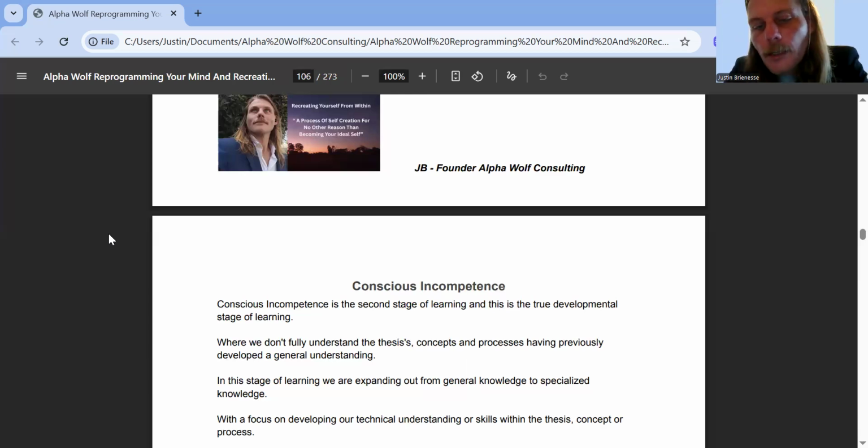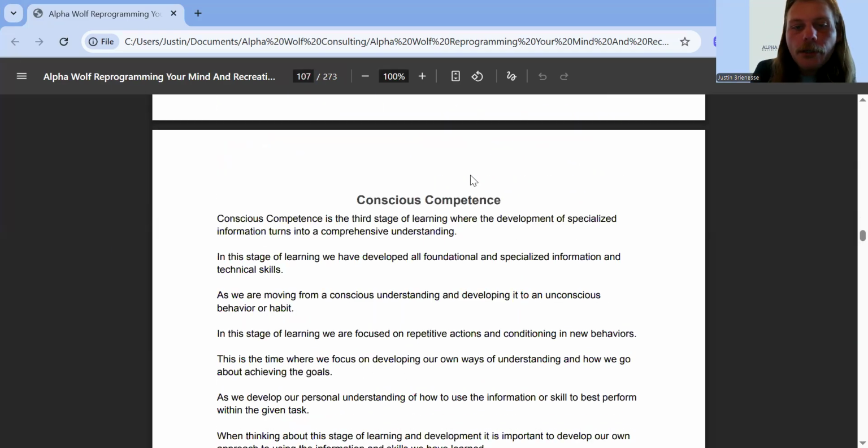Conscious incompetency: I now have a compass. I have a basic understanding of north, west, south, east. I have a general idea of where I am and a rough understanding of how I'm going to get there. And then the next stage is conscious competency.